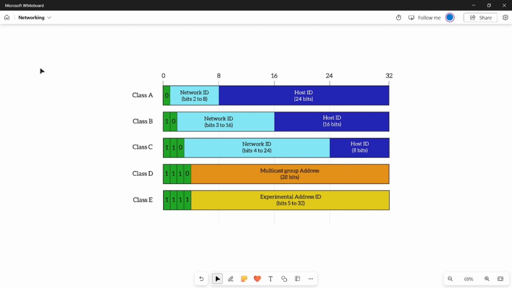If we take these classes, we can see we are using class A, class B and class C for our networking purposes. So let's take a look at the class A IP address. We have basically 4 parts. This is the first part, this is the second part, this is the third part, and this is the fourth part.